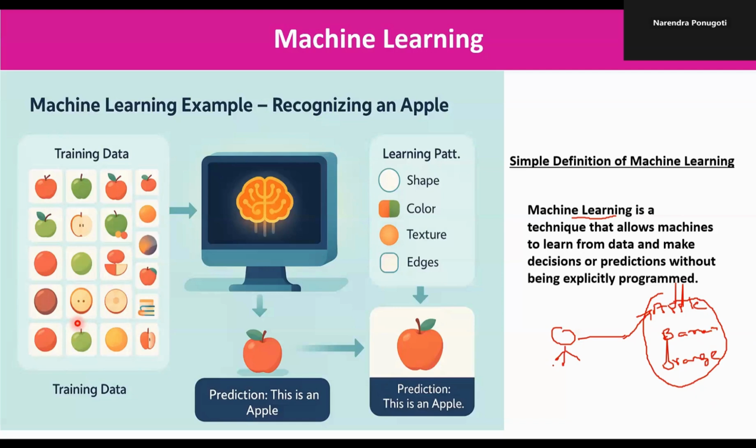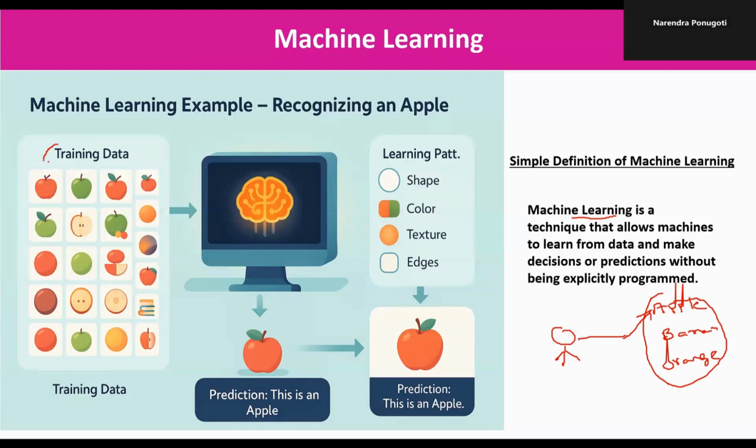Now let's understand how a machine learns with the same example, how a machine can recognize this. Machines learn the same way a human learns, but we are doing it on a much larger scale.